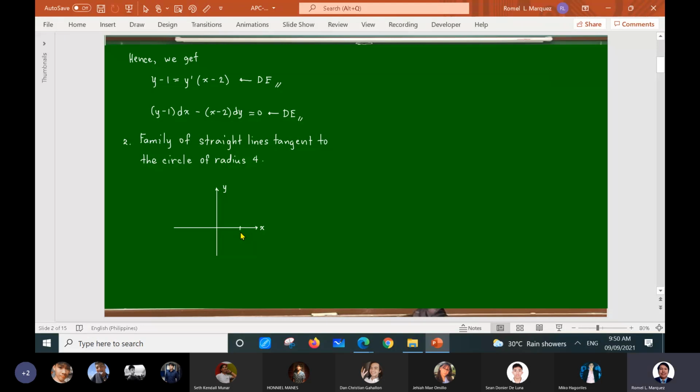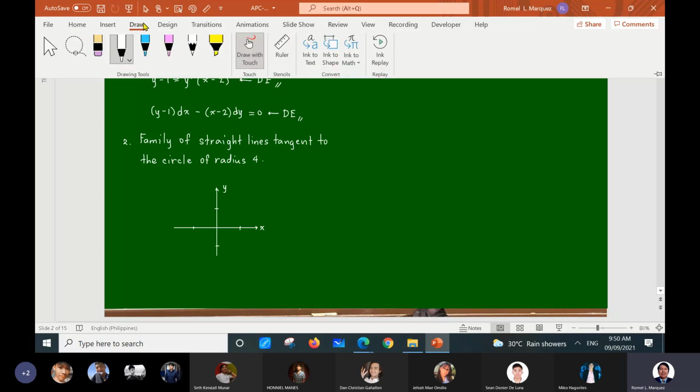This is 4, and this is negative 4 here. So let's have the circle, fixed, no? The circle is fixed.